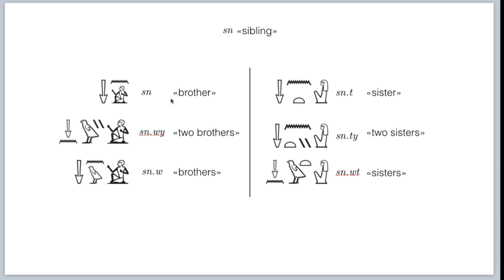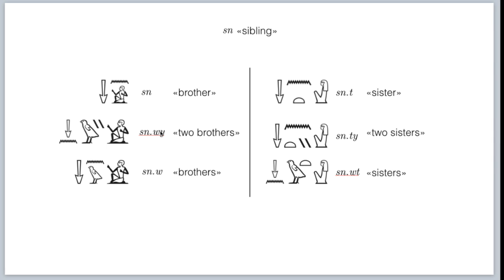To say two brothers, we say senwi. Wi is the ending for dual, the masculine dual ending. How you recognize it in another word that you may be familiar with is the word tawi, two lands. A lot of people have heard that word, tawi. The word ta means land. Tawi, two lands.